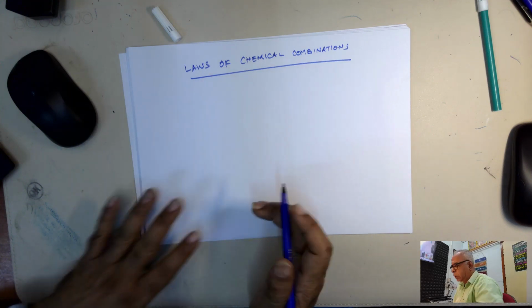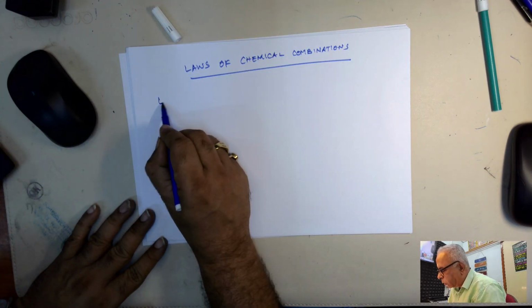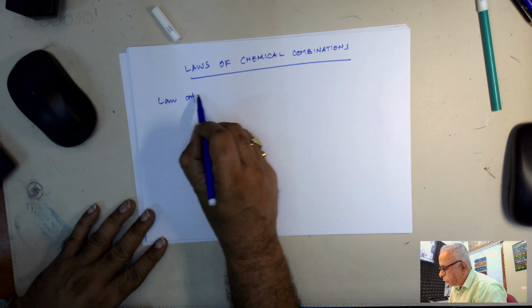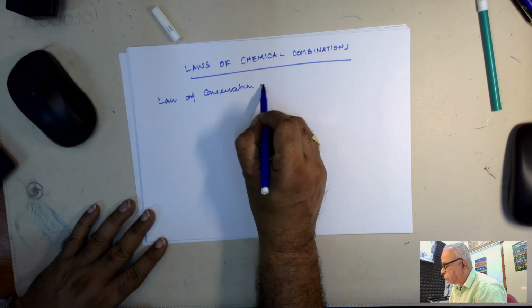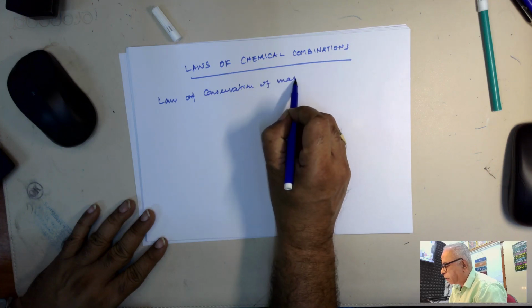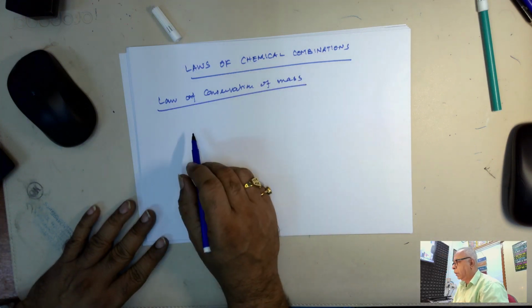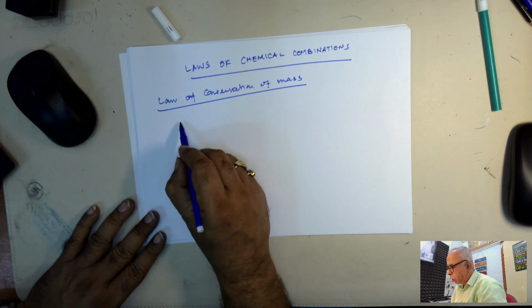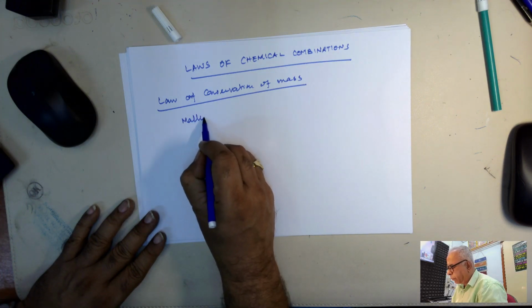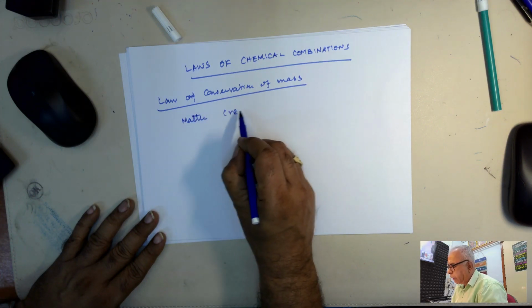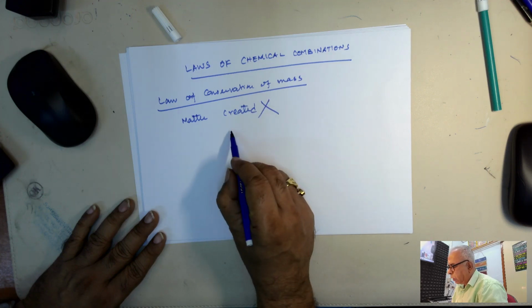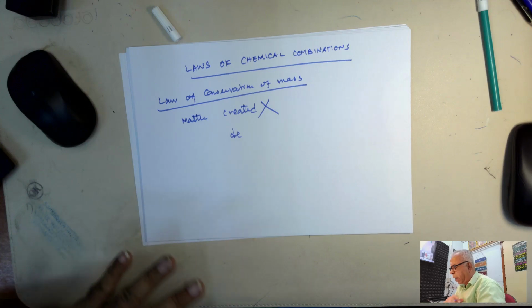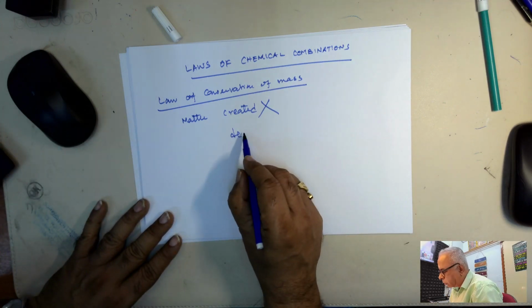So what is the law of conservation of mass? Take down: law of conservation of mass. Matter can never be created, and you cannot say I have completely destroyed matter. Destroying is not possible.